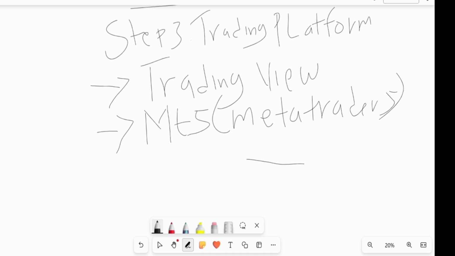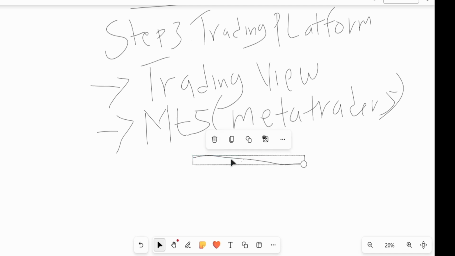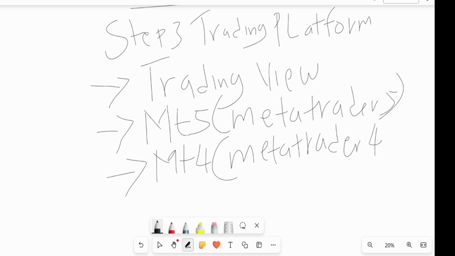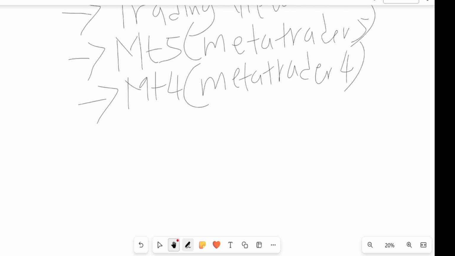Then we have also MT4, or MetaTrader 4. Don't mind the handwriting.